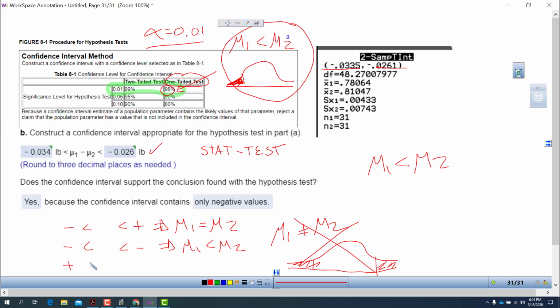If the interval contains positive values, that supports the idea that mu1 is greater than mu2. These are all the possibilities you have: either the interval contains 0, with a negative and a positive number, or the interval contains only negative values, or the interval contains only positive values.